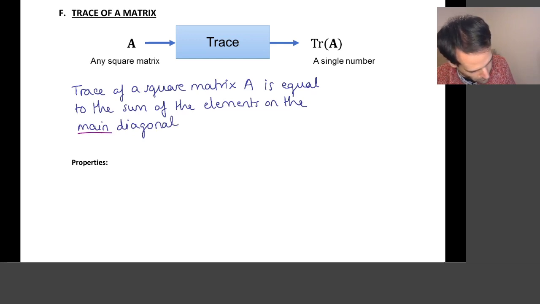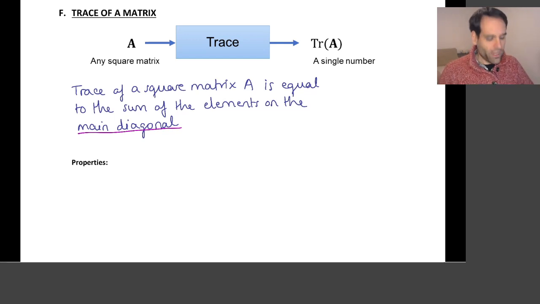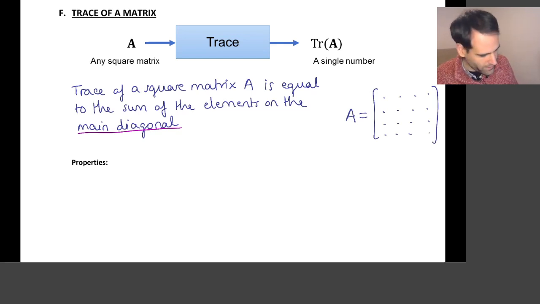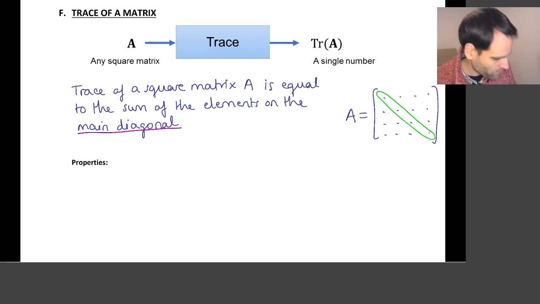Main diagonal. So what is the main diagonal? The main diagonal of a matrix is, if you write the matrix elements, maybe a 4x4 matrix, for example, the diagonal that goes exactly through the center. That's the main diagonal of the matrix.